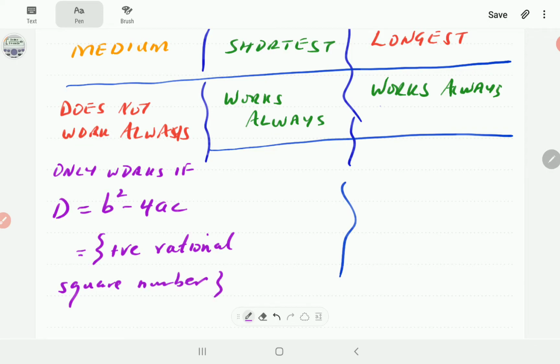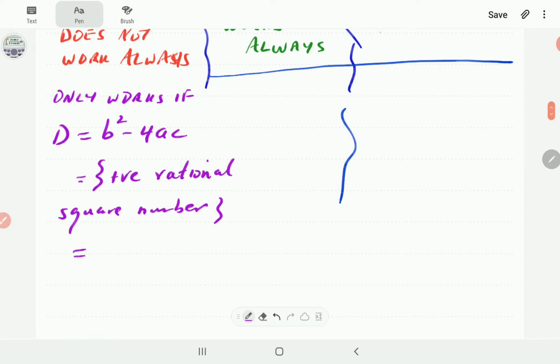Okay, what do we mean by this? If d is like 0, 1, 4, 9, 16, etc., those are square numbers. The rational here means that this could be a quotient of these.